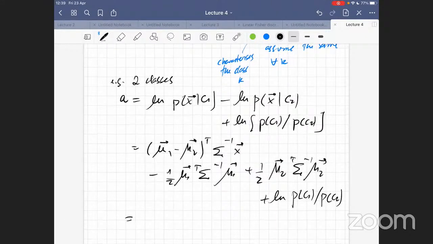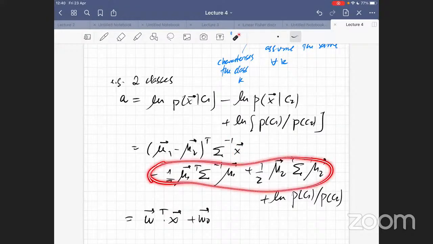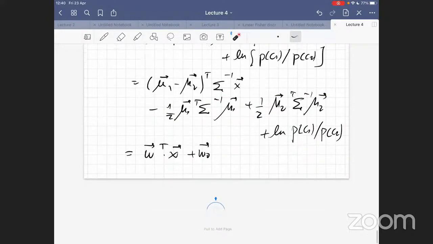So the whole thing can be written in this shape. So you see here, this is some prefactor that multiplies x, which enters linearly, plus some independent term.